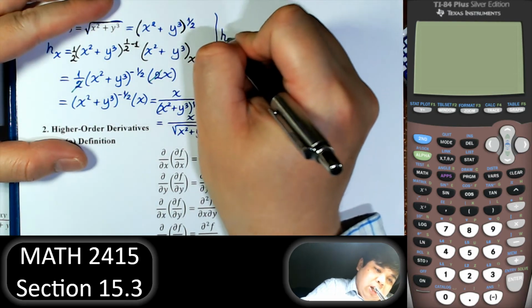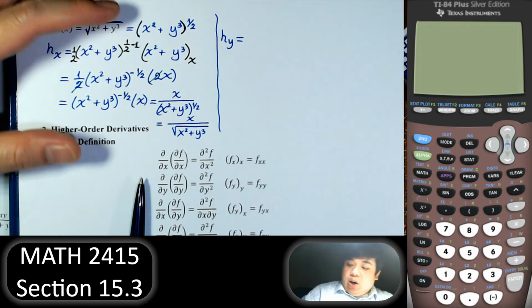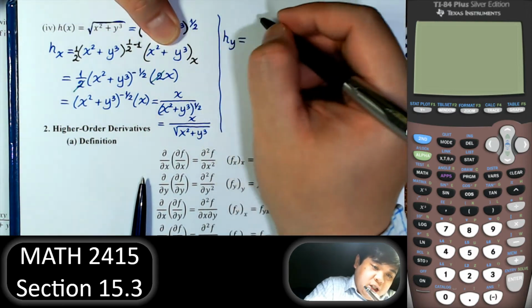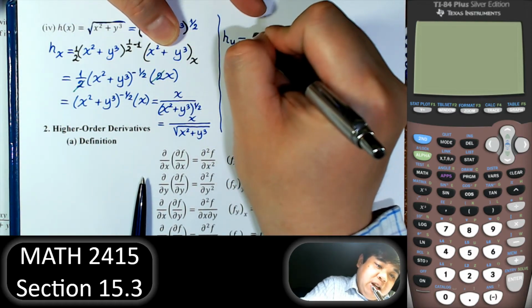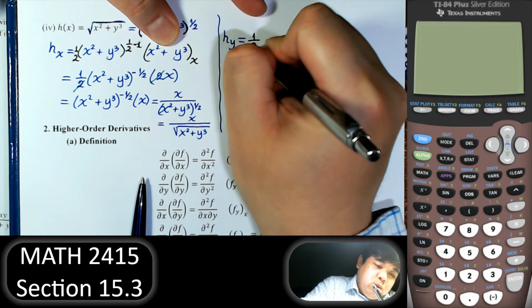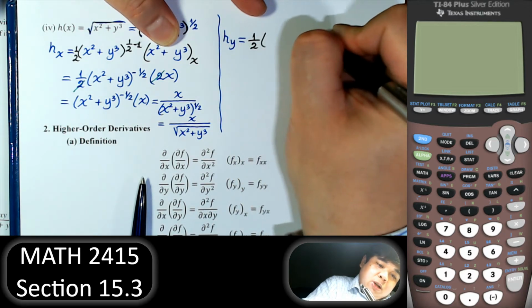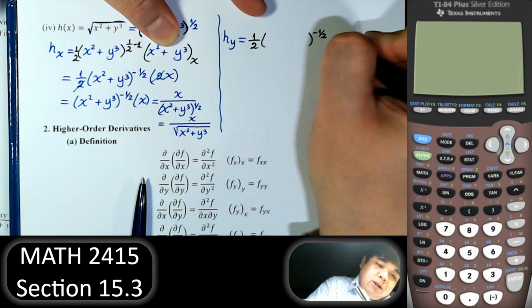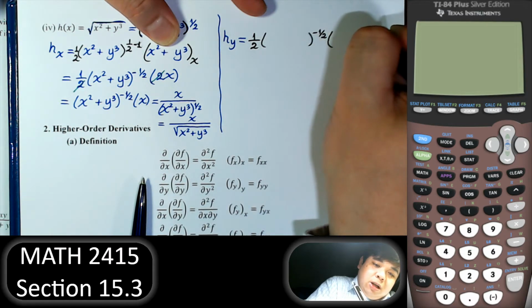Derivative with respect to y, still the same thing. Doesn't matter what's inside the square root, what's inside the power 1/2. The derivative using the power rule is 1/2, something to the negative 1/2. And then the derivative of that with respect to y.